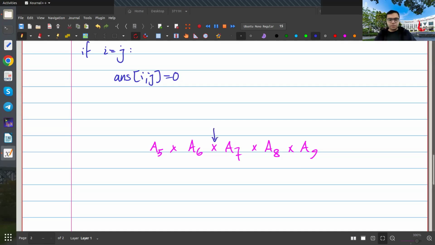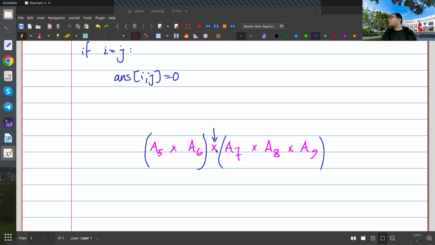If this is the last multiplication, then I have to first find the result of the left-hand side, then find the result of the right-hand side, and then multiply them, right? But I can use a subproblem to find the result of the left-hand side. That's just the answer for 5, 6. And I have another subproblem, the answer from 7 to 9, which tells me what is the cost of finding this one. Finally, I have to know what is the cost of this last multiplication.